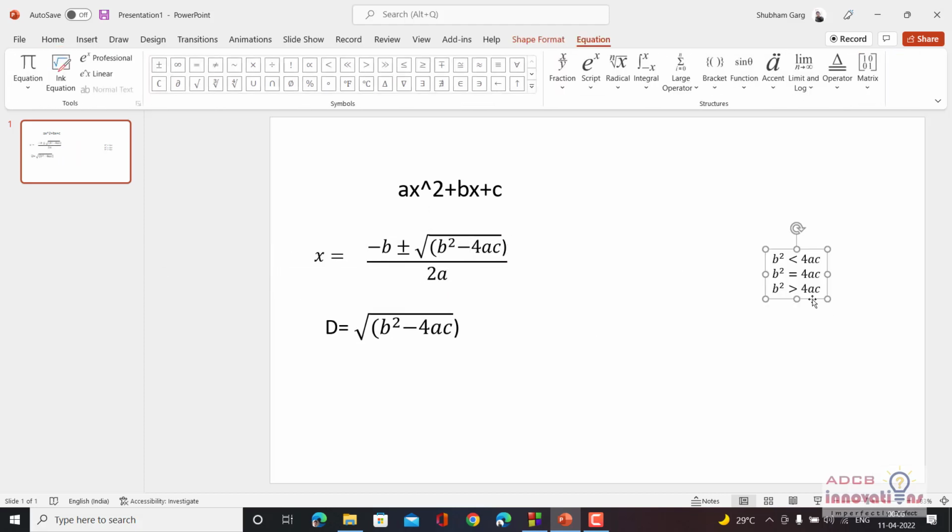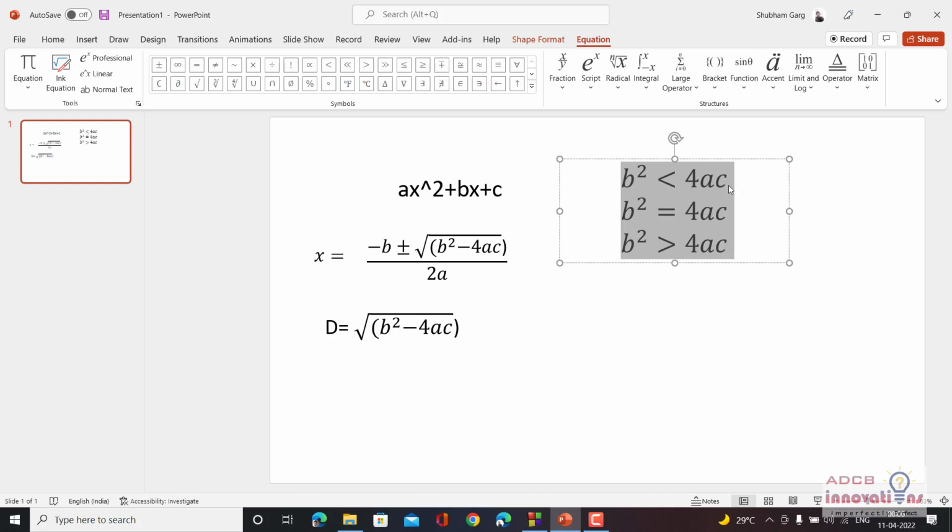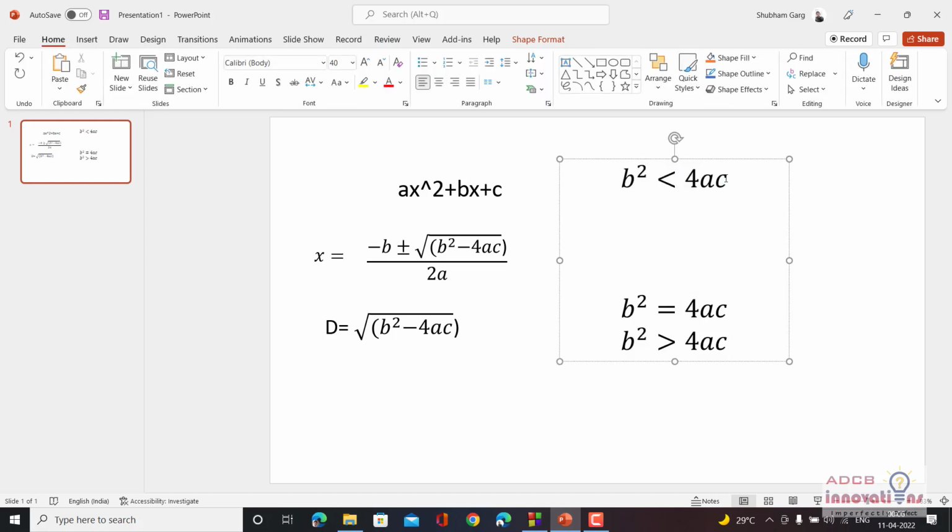So let me just show you the categories. These are our roots, these are our cases. If we take into consideration the first case, that is b square is less than 4ac, then in this case the roots are complex, that is, they are not real.